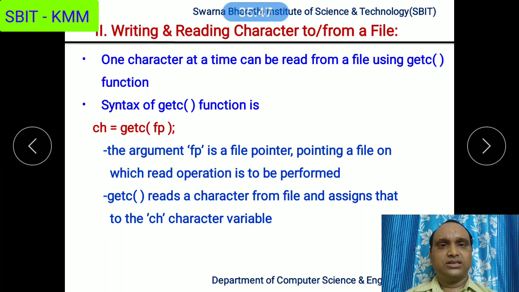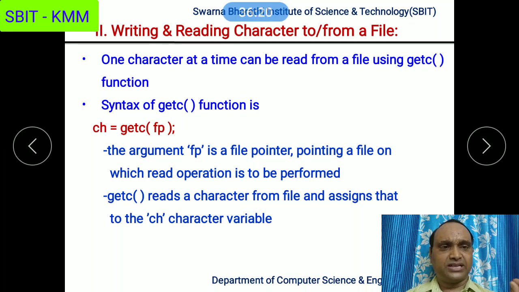For every read operation using getc, the file pointer will be moved to the next character. First, whatever character the file pointer is pointing to in the file is read. Once it is read by the getc function, the file pointer moves to the next character. So whatever character fp is pointing to is the character to be read next by getc.